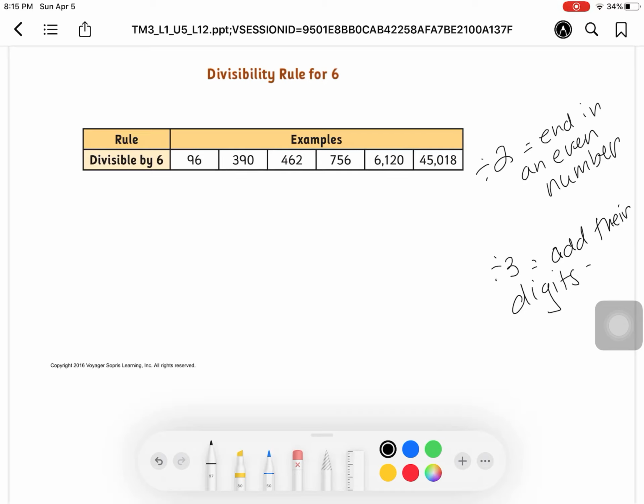And if the sum of their digits is divisible by 3, then that whole number itself is divisible by 3, okay? Now when we're looking at the divisibility rules for 6, it has to work for the rule for 2, and it also has to work for the rule for 3, okay?